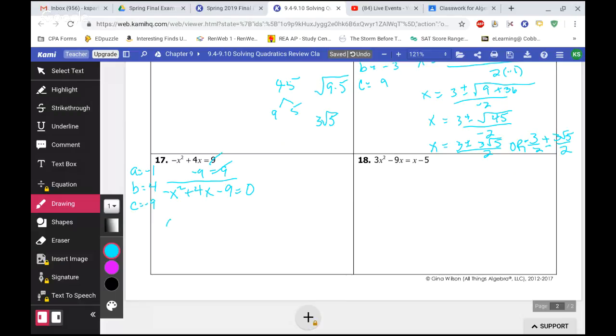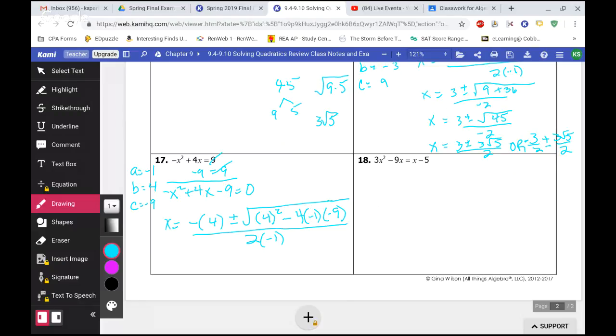So now I have x equals the opposite of 4, or -4, plus or minus the square root of b squared minus 4 times -1 times -9, all over 2 times -1.